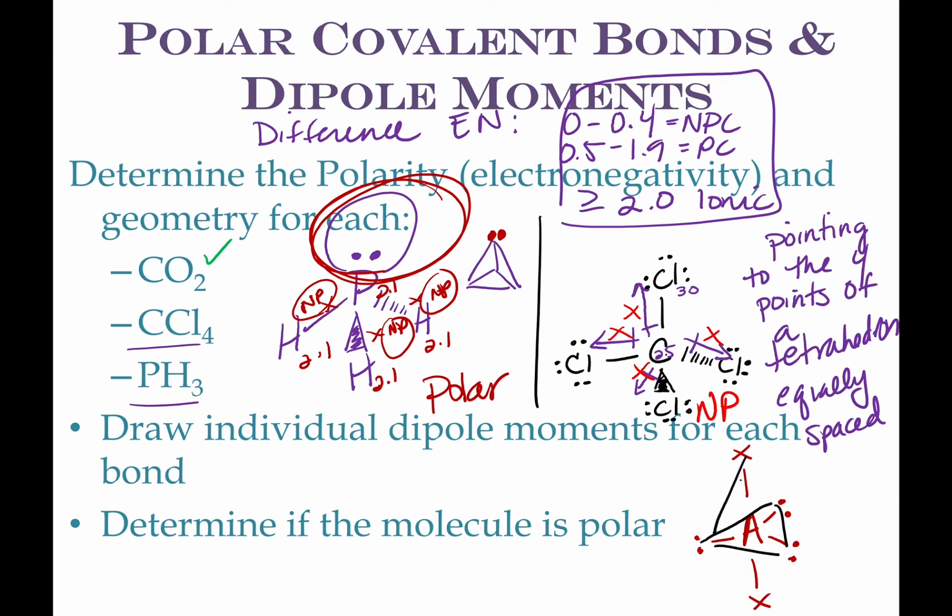Okay, so we have one pyramid coming this way, and then the other pyramid going this way, and we have trigonal bipyramidal. So this is giving us 2 pyramids, and these 3 are exactly 120 degrees apart. So even though there's 3 of them, and we would like to say, oh, 3 is an odd number, it doesn't matter because they're all equidistant apart from one another.